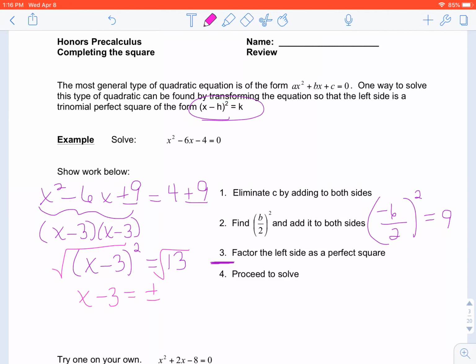Anytime you place a square root in a problem, you get that plus or minus. And then finally, taking the 3 to the other side, we write it first. The rational number goes first, and then the irrational number, or in this case our radical, goes second. So our solution would be 3 plus or minus the square root of 13.